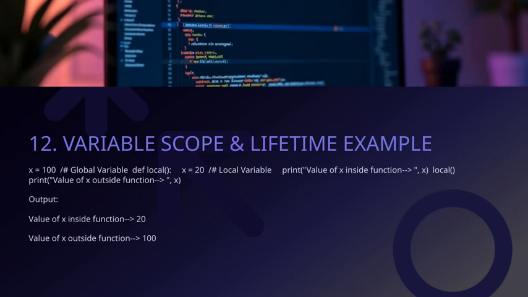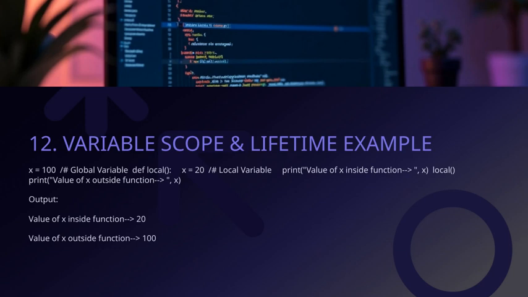After calling local, when we print outside the function, it still shows 100, the global x, because the local variable only exists within the scope of the function. The key takeaway here is that variables declared inside a function are local to that function and do not affect variables with the same name outside. This example highlights how scope determines where a variable can be accessed and modified, which is crucial for managing data in larger programs.